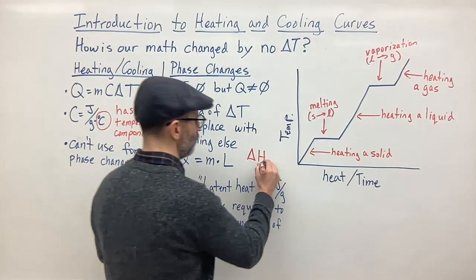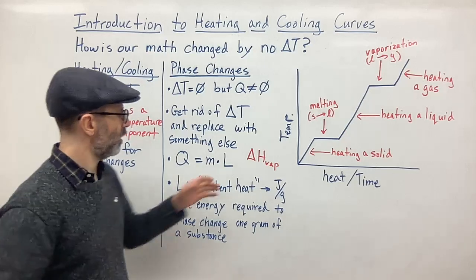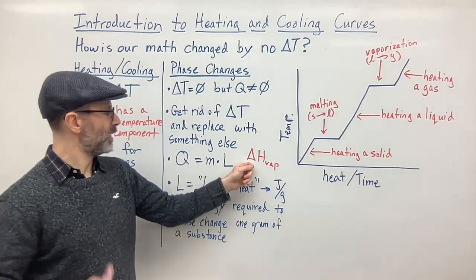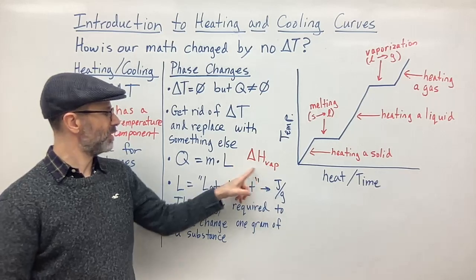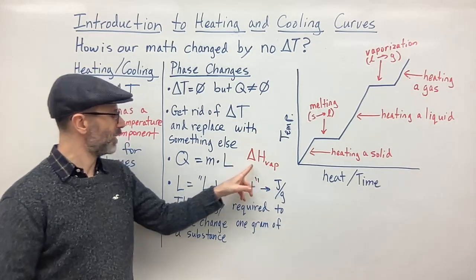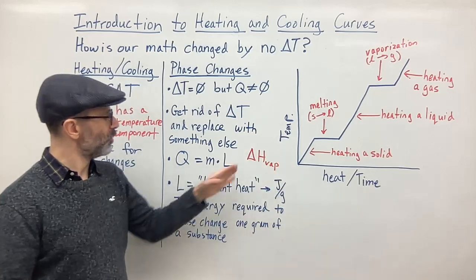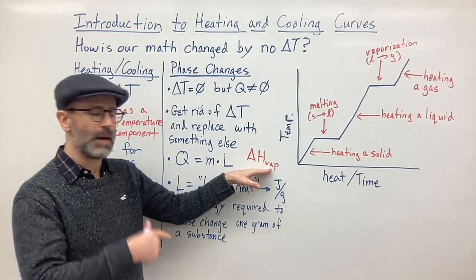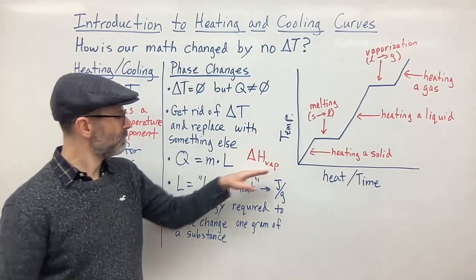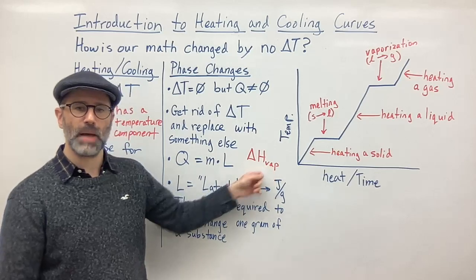So sometimes it's delta H vap, for vaporization, or the opposite would be condensation. Vaporization would be the latent heat involved in going from a liquid to a gas, or you might have the delta H, the enthalpy of condensation, which is the opposite, going from a gas to a liquid, or you'll have the delta H of freezing versus the delta H of melting.